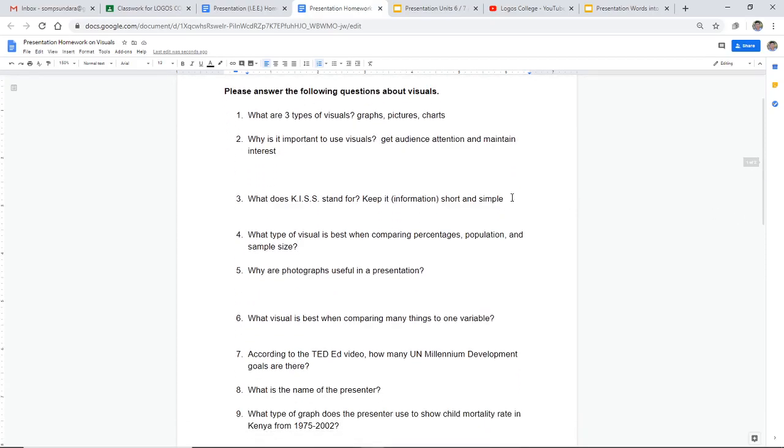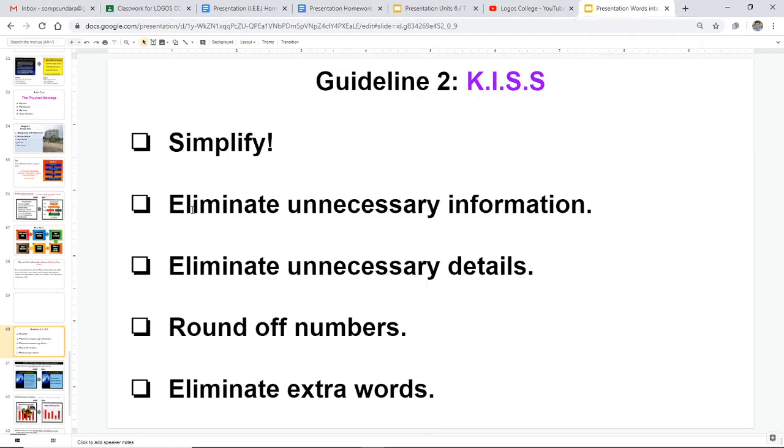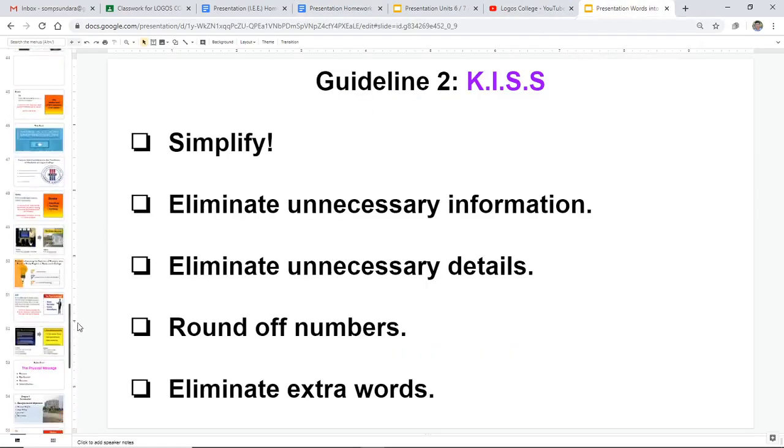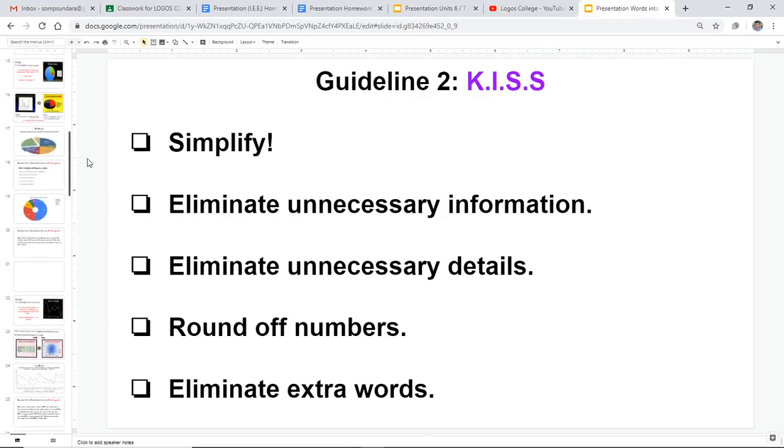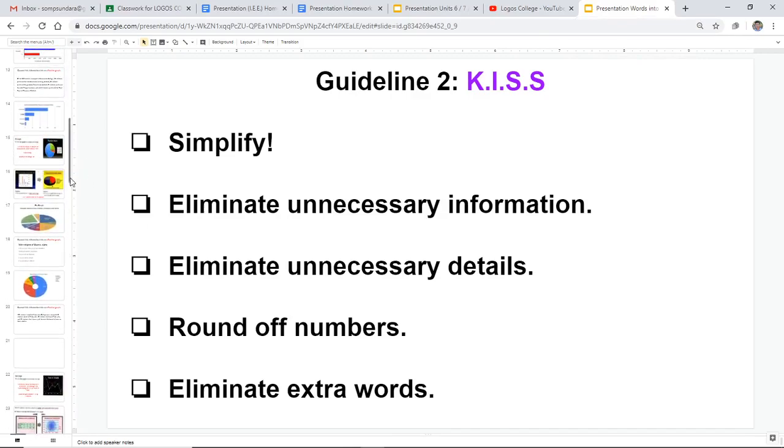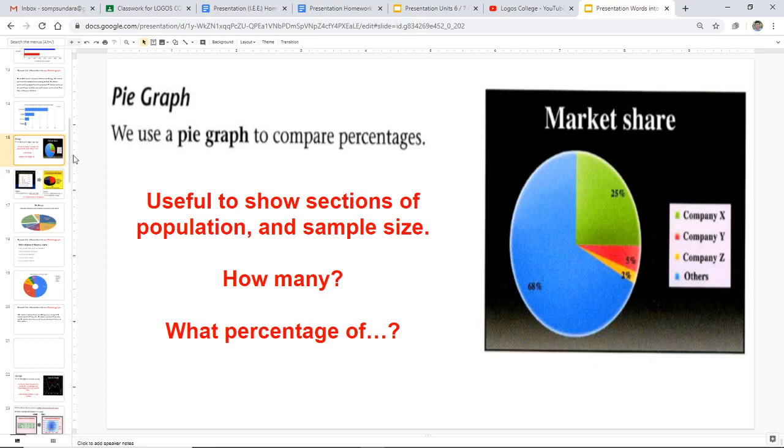Number 4, what type of visual is best when comparing percentages, population, and sample size? Okay, so this one, I think a lot of you guys, I don't know if you watched the video or not, but you had to watch the video, and it was a very straightforward, easy answer. Right here, the pie graph is useful to compare percentages, useful to show sections of population and sample size.